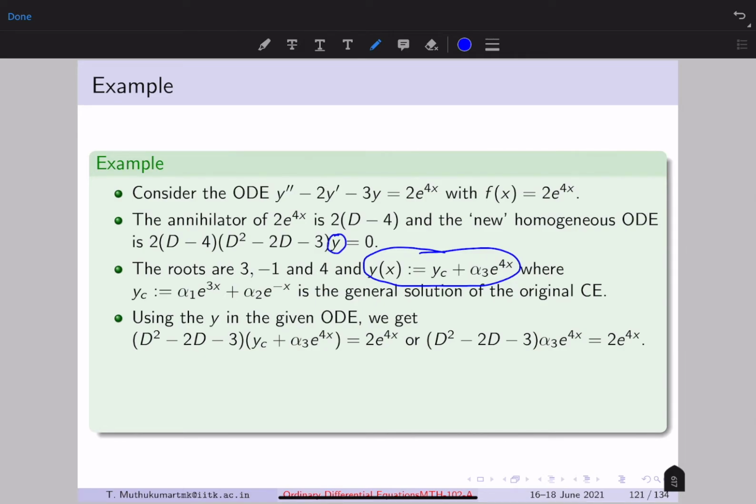You already know that yc is the solution of this second order ODE here, so that will anyway kill this term. So if I replace y with this, this ODE here becomes this ODE.